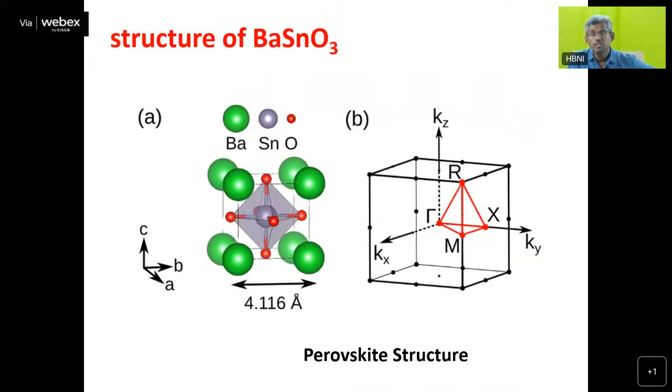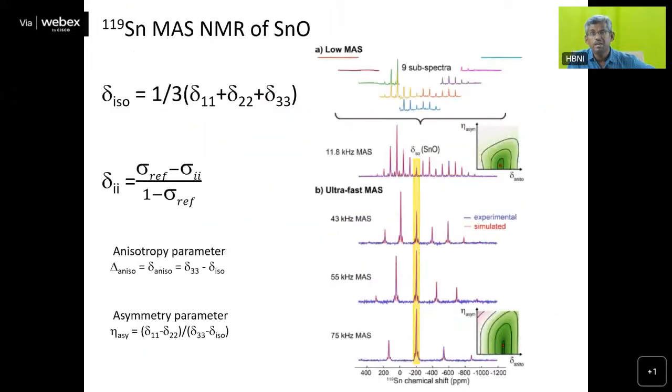So before going further, I thought I would discuss 2-3 parameters, like sigma 11 and what is delta iso. We discussed this in the second class, because we will be using this terminology. Four terminologies are very important in solid state NMR. Forget about this NMR pattern. The first one is delta isotropic, which is 1/3 of sigma 11 plus sigma 22 plus sigma 33.